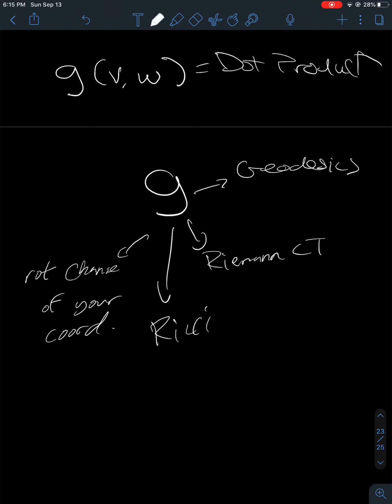Some people would say that it is your space, or it defines your space. I would say that's a stretch. In my personal opinion, your space is independent of your metric tensor, because some spaces don't even have a metric tensor.